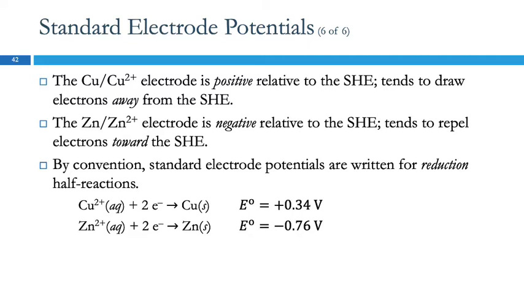So by convention, just because that's how some people decided to do it, these standard electrode potentials are written for reduction half reactions. So copper ion gaining electrons, reduction is gain of electrons, copper ion is being reduced. This half cell potential is plus 0.34. For zinc being reduced, this cell potential is minus 0.76.